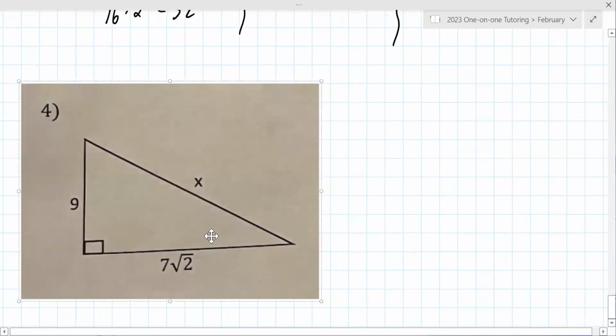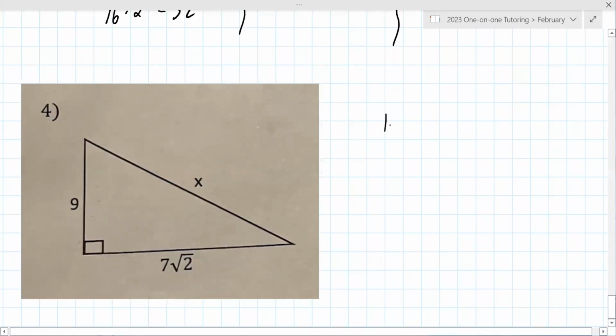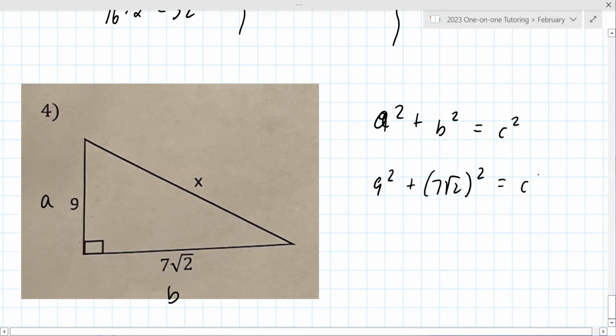So the leg is 9, and they're giving you A and B in this case. So it's A squared plus B squared equals C squared. That's 9 squared plus 7 square root 2 squared equals C squared.